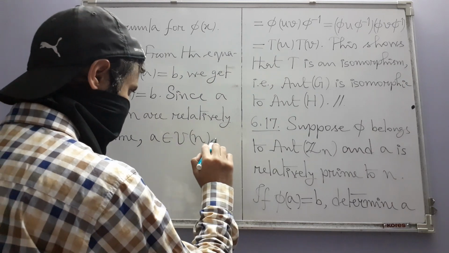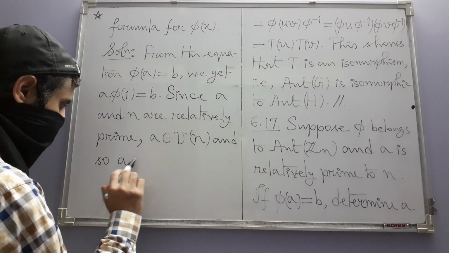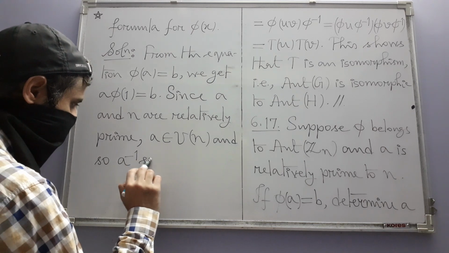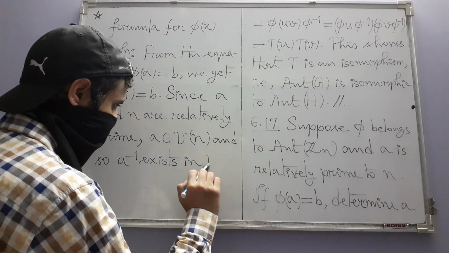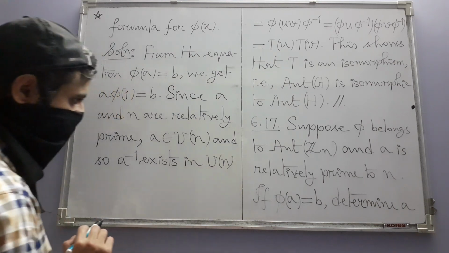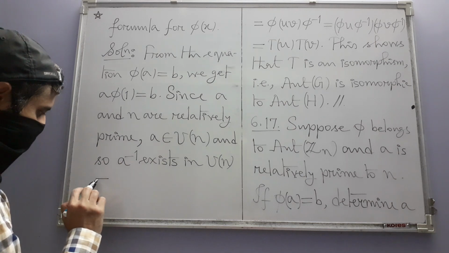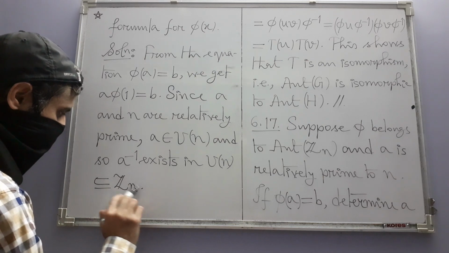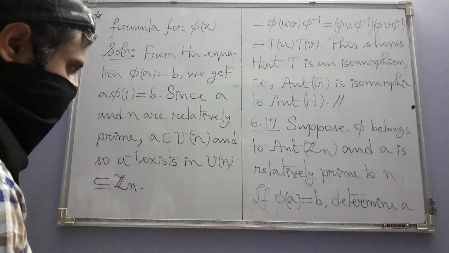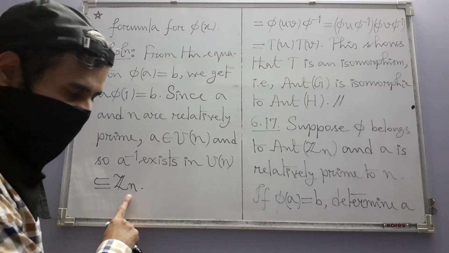We have this, and so A inverse exists in U of n, and U of n is, as a set, just a subset of our system. So that means this A inverse actually exists here also.